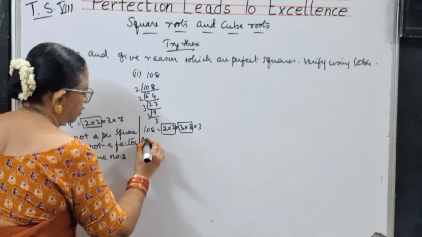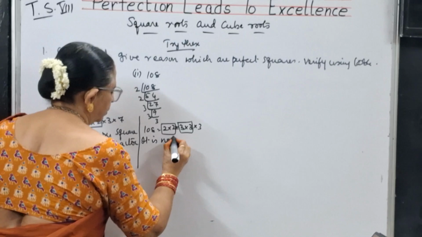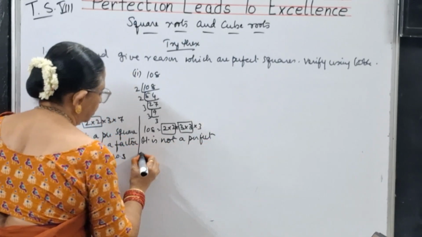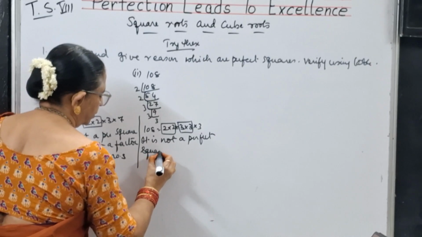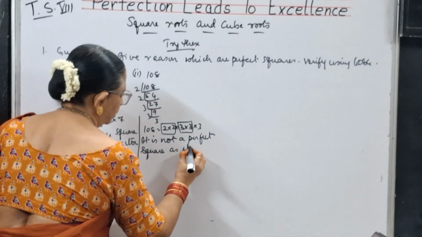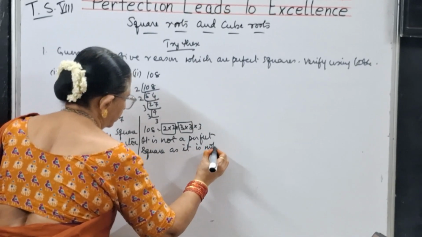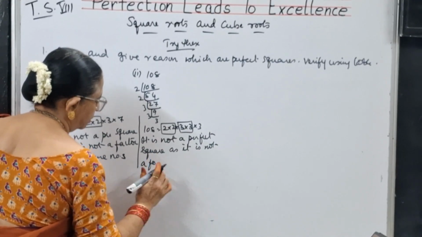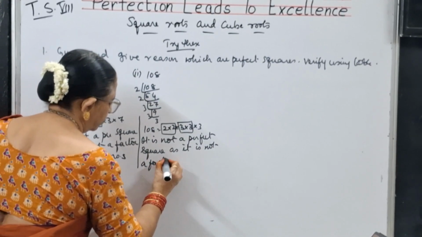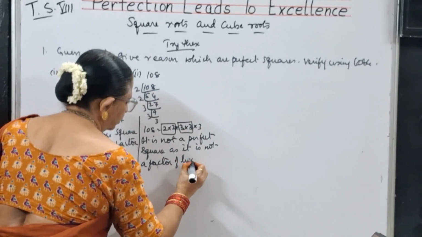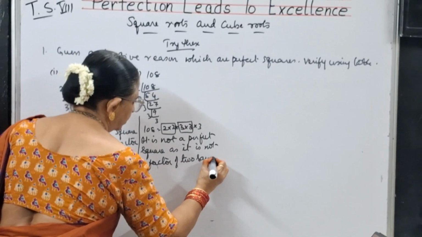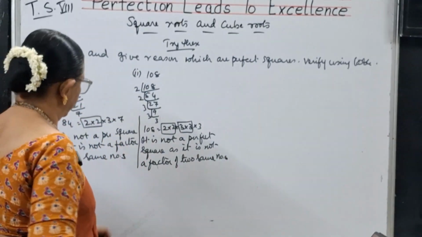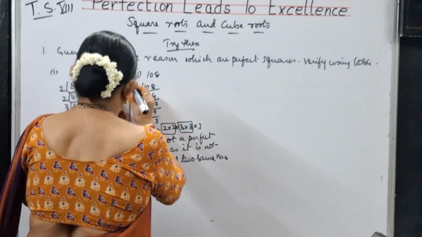So it is not a perfect square, as it is not a factor of two same numbers. So you will be saying the second one, children. This is second bit.